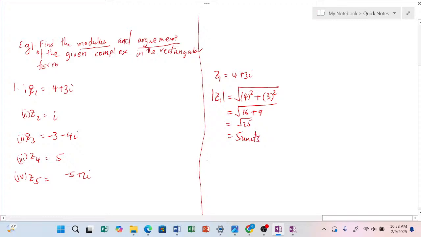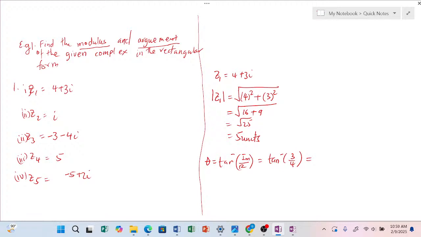Now, the argument is tan inverse of the imaginary over the real. So tan inverse of 3 over 4. Punch it on your calculator. You can keep it in degrees, or you can do it in radians.